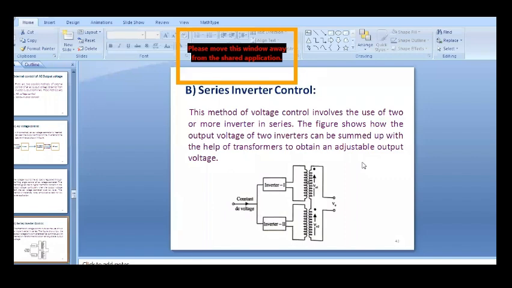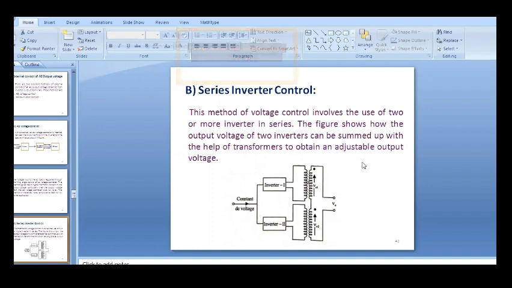The output voltages of the two inverters can be summed up with the help of transformers to obtain an adjustable voltage, and the inverter outputs are fed to transformers whose secondaries are connected in series.